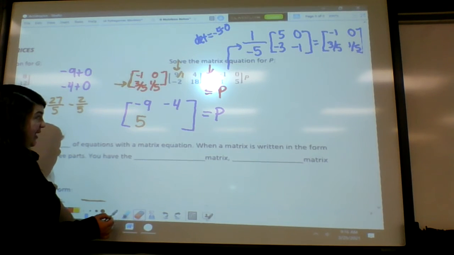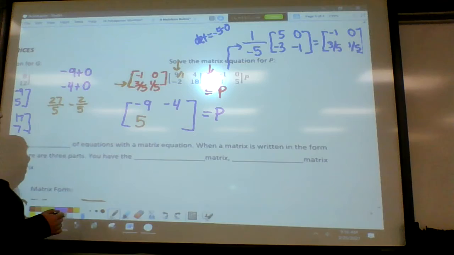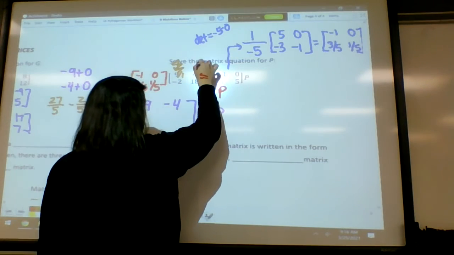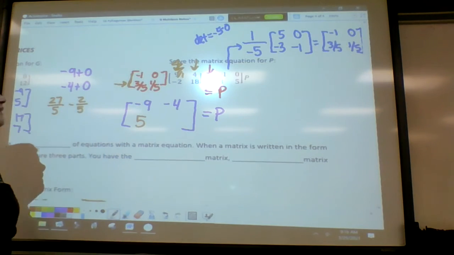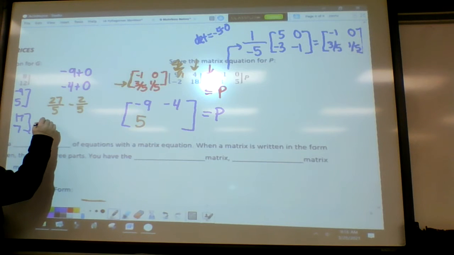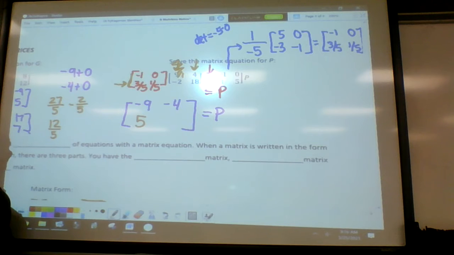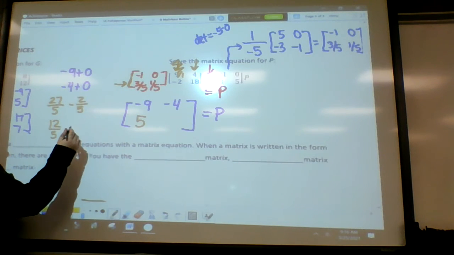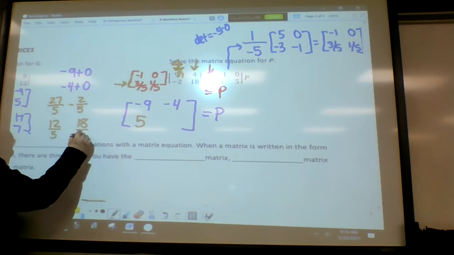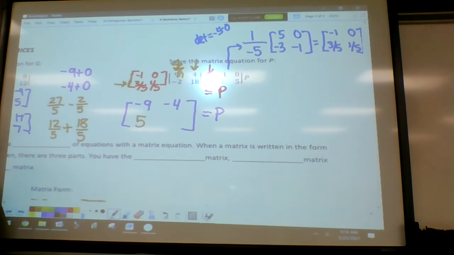All right, we're going to do it again. Still that second row, but now we're going to do the second column. So 3/5 times 4 is 12/5. 3 times 4 is 12 over 5. 1/5 times 18 is 18/5. And we're adding these together.